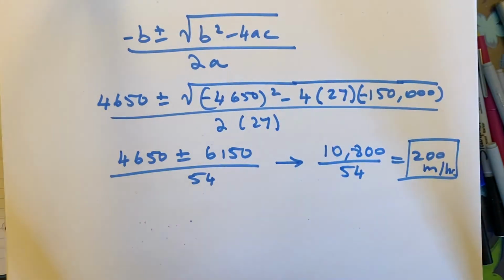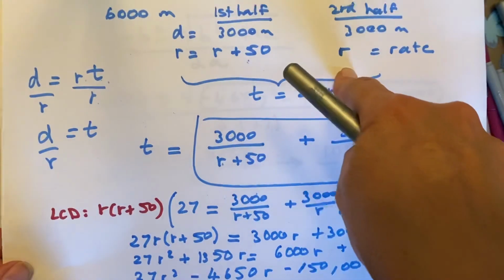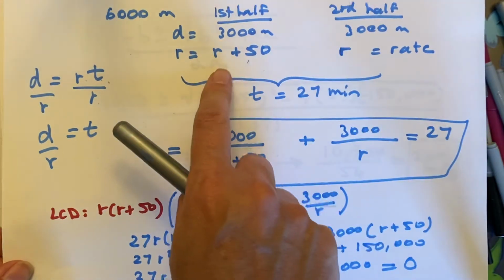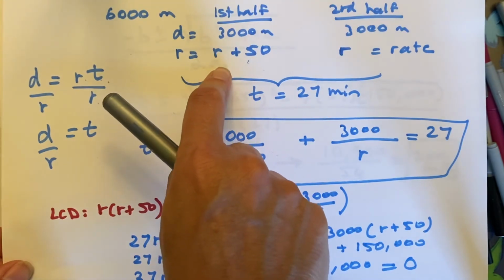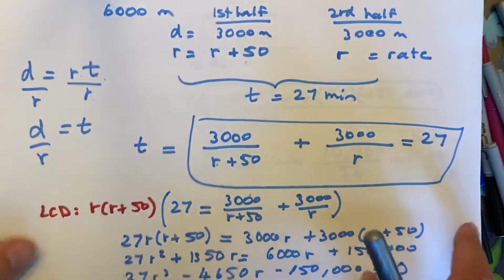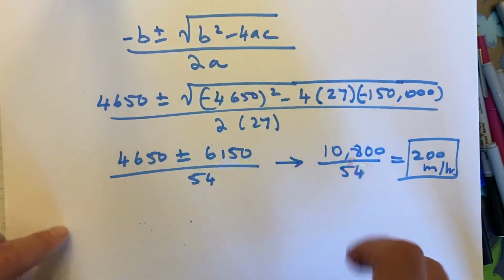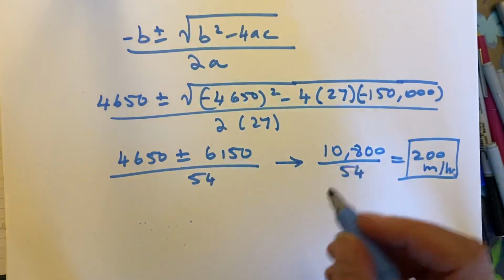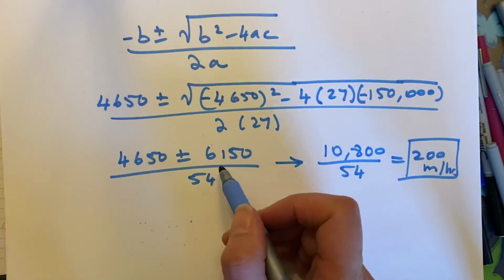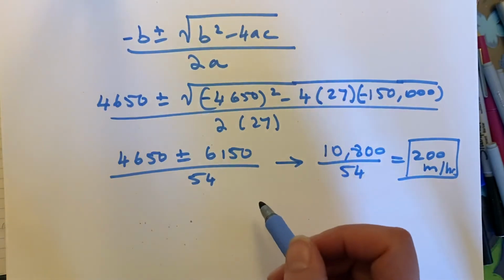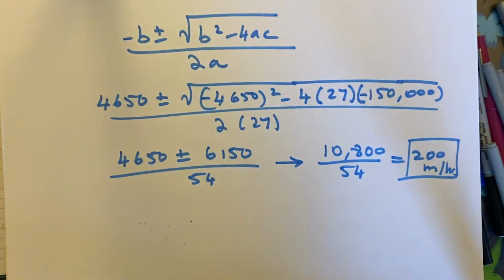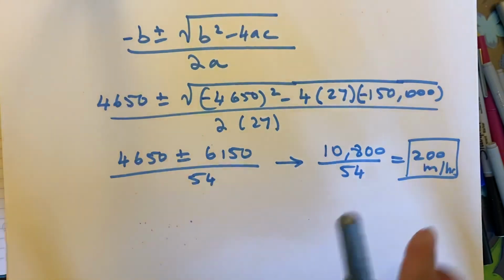So what I wanted to find out was my rate r for the second half of the race, and so it's going to be 250 meters per hour for the first half of the race. So I have solved this, and just to note, if I had subtracted 4650 minus 6150, I'm going to get a negative number, so I can't use that number.